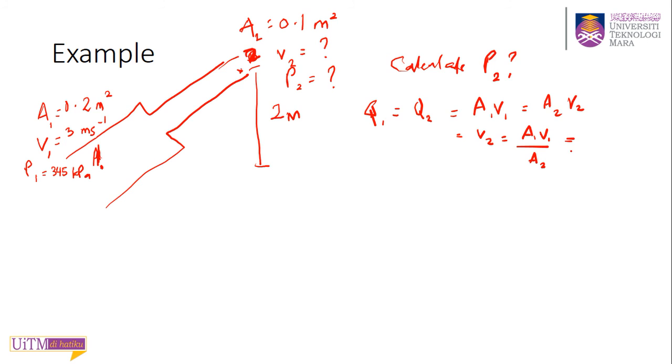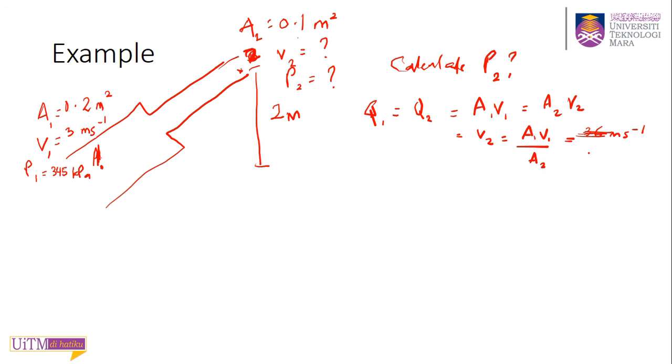So 0.6 divided by 0.1 is what? 36? No, 6, I think. 0.2 times 3 divided by 0.1 should give you 6.